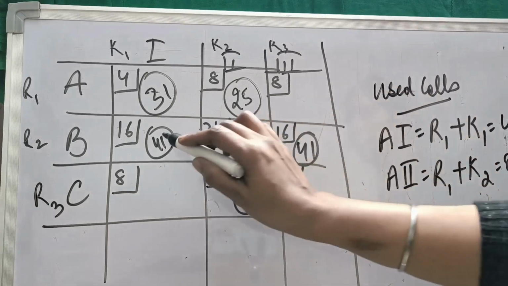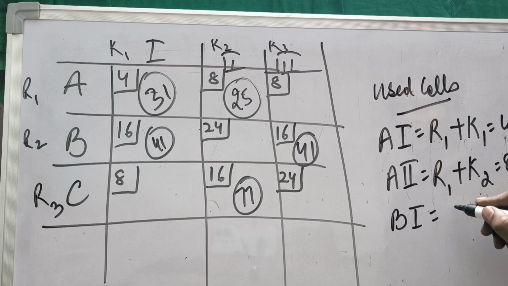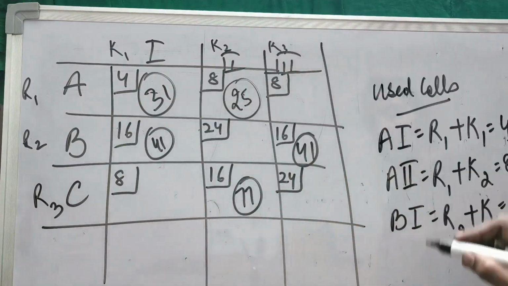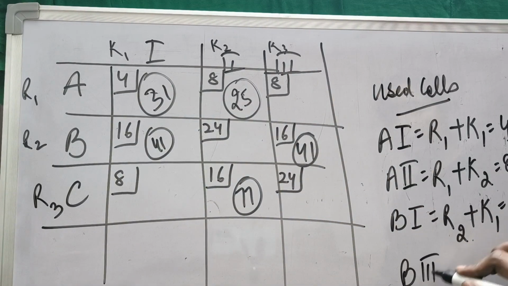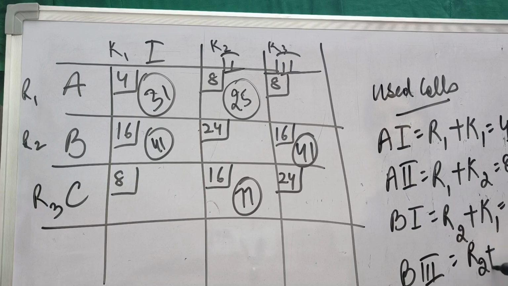This is the used cell, that is B1 and its value is created by R2 plus K1, 16. Then this is the used cell and it is B3. Its value is coming from R2 plus K3 is equal to 16.